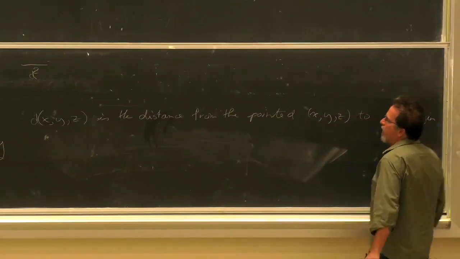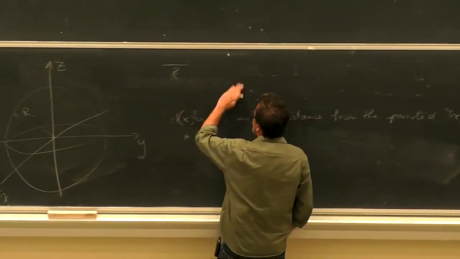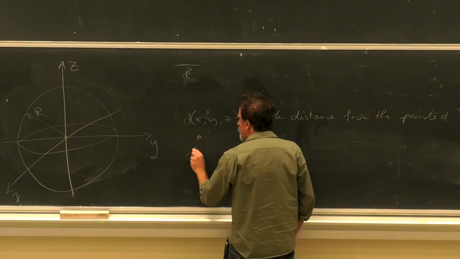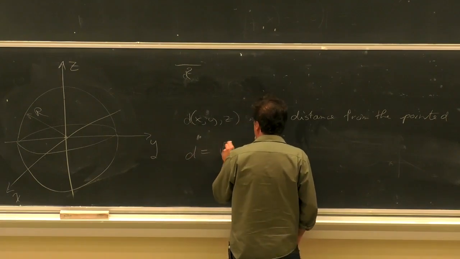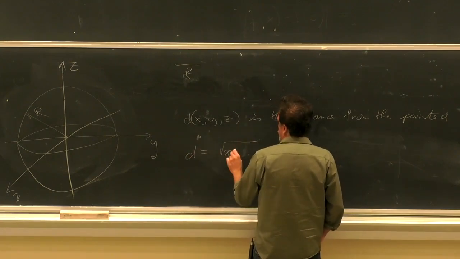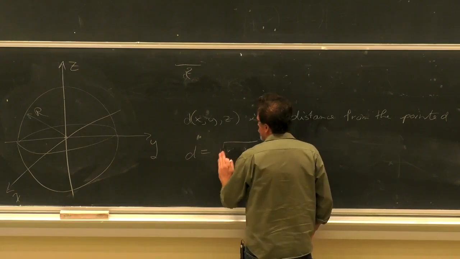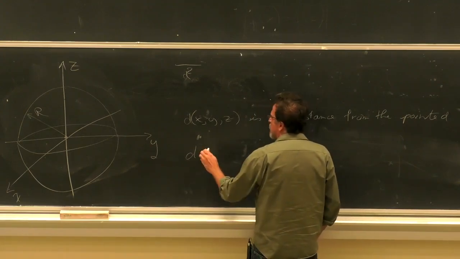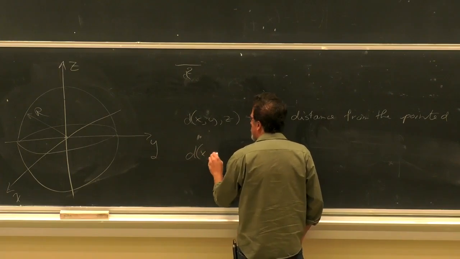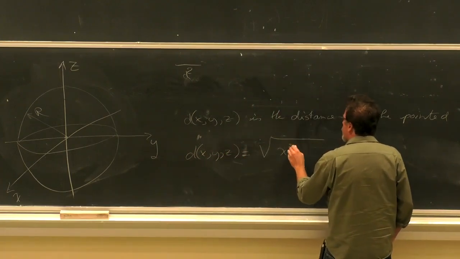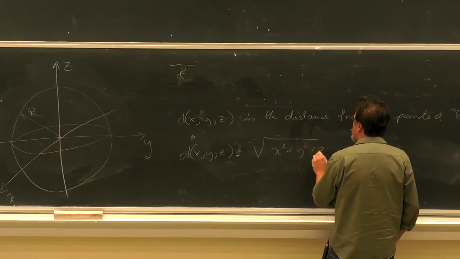So we need to consider the average of d squared, and we recognize that d is, by Pythagoras' theorem, d of xyz equal to the square root of x squared plus y squared plus z squared.